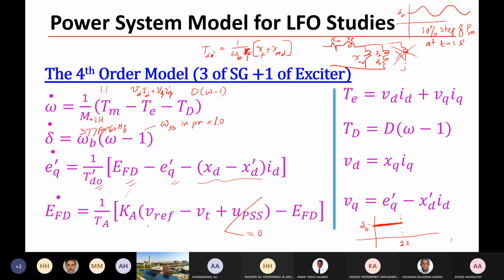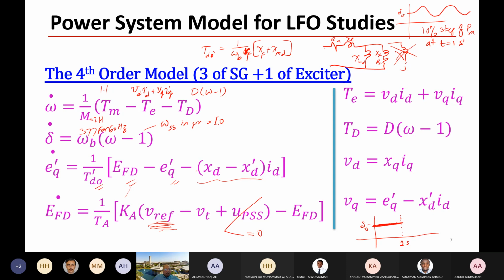You can also do a step change in V reference. You can apply 5% of the V reference up or down, and this is usually the case. If you are running the machine, you need to increase the mechanical power or the electrical power output, or you need to adjust the voltage, so you can play with the reference voltage.